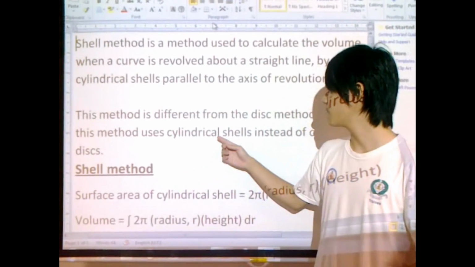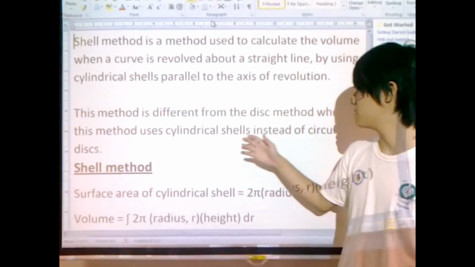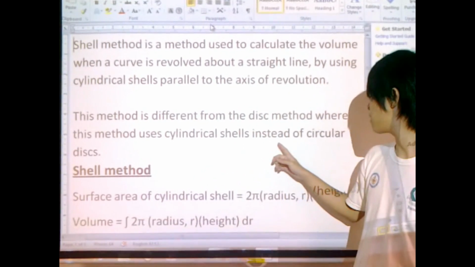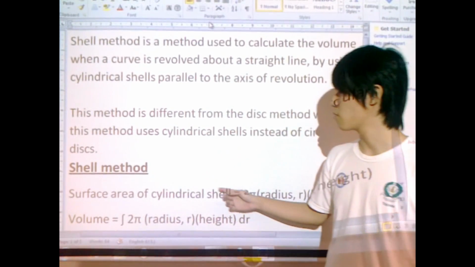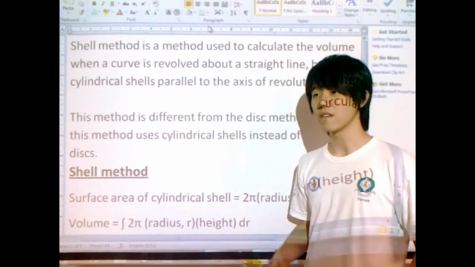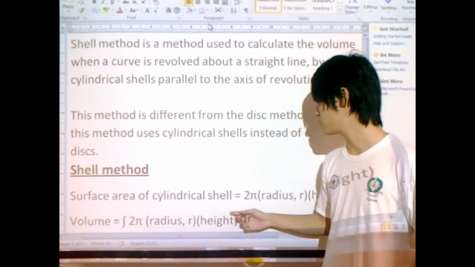This method is different from the previous method, the disc method, where the shell method uses cylindrical shells instead of circular discs. As for the formula, in the shell method, you are integrating the surface area of the cylindrical shell to get the volume of revolution.